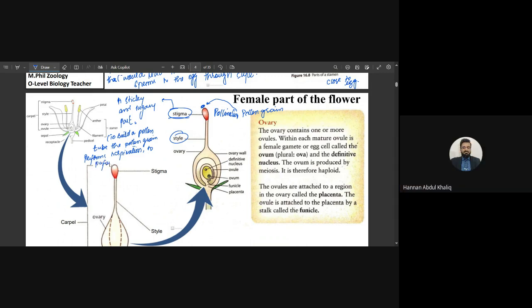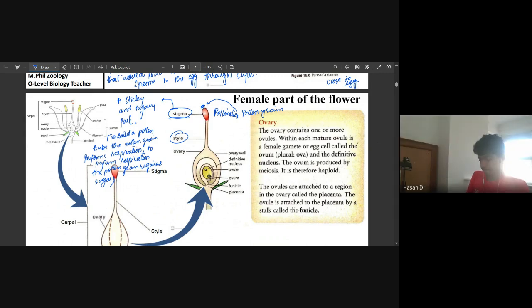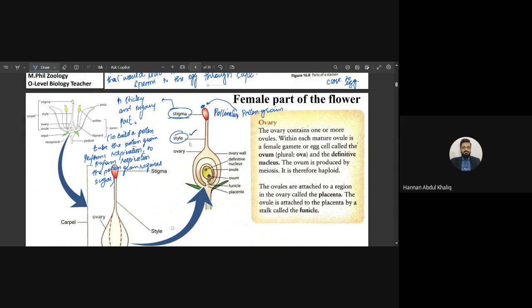To perform respiration, the pollen grain requires sugar. So that is basically the reason the sugar would be present there on the stigma. Clear?